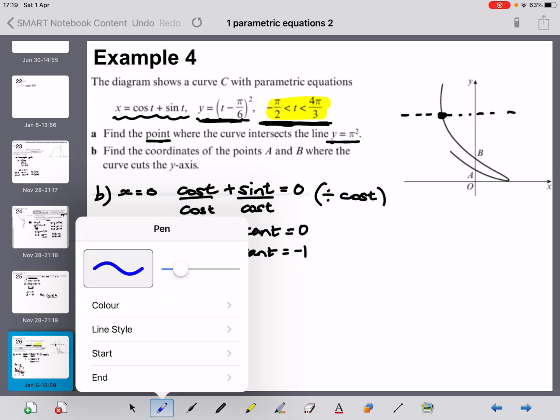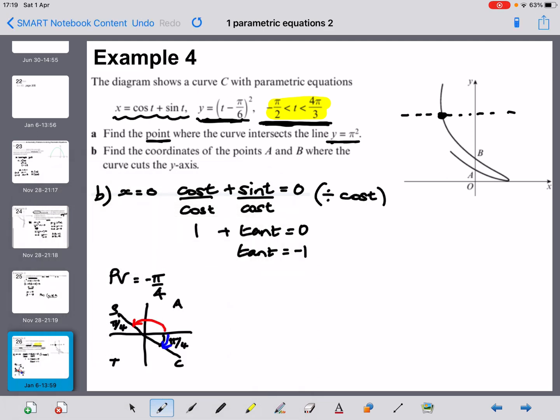So those are the two angles that we need. So t is going to be 3π/4, that's for the red one, and t is going to be -π/4. So we've worked out the values of the parameter where the graph is crossing the y-axis.